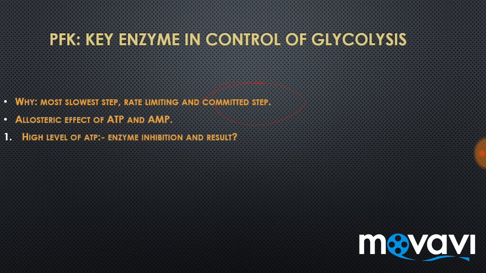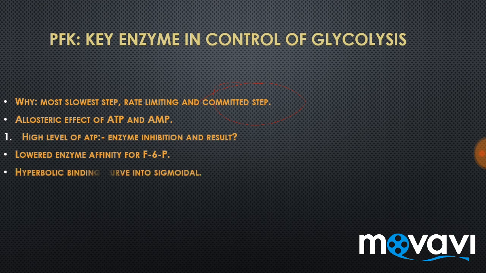If there is a high level of ATP, then the enzyme would be inhibited, and the result would be that the affinity of the enzyme for fructose 6-phosphate would be lowered. Hence the reaction would not occur, that is, fructose 6-phosphate would not be converted into fructose 1,6-bisphosphate. And we can say more here, that the hyperbolic binding curve turns into a sigmoidal one.